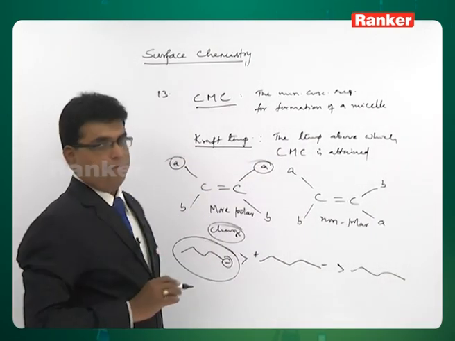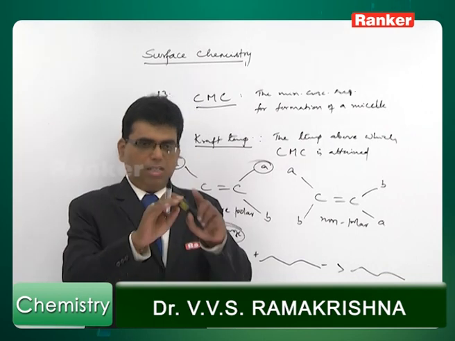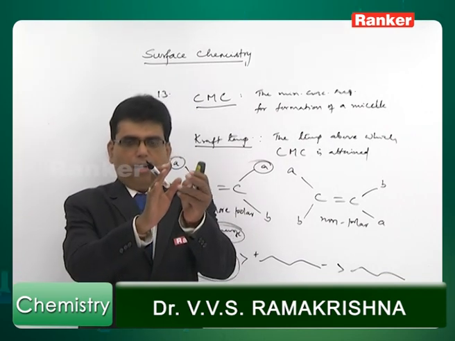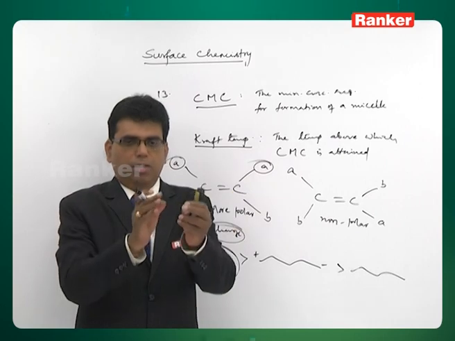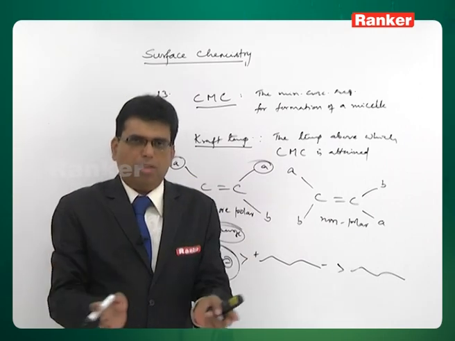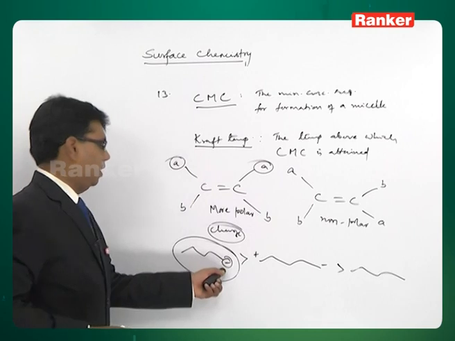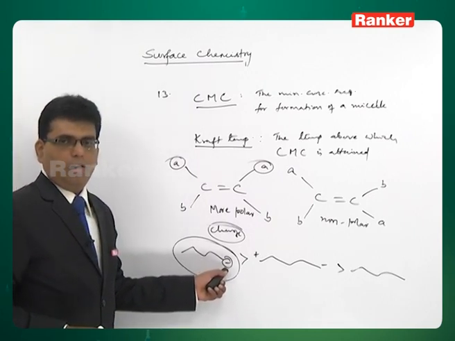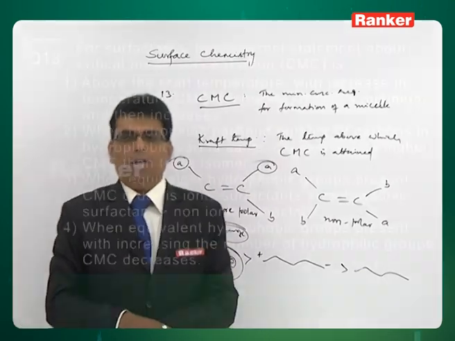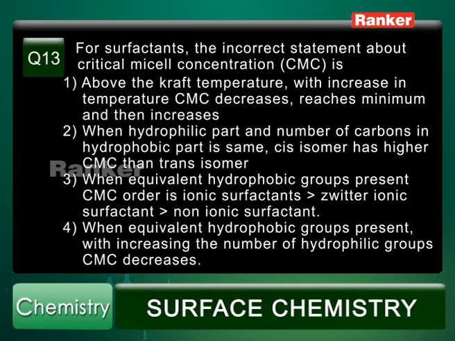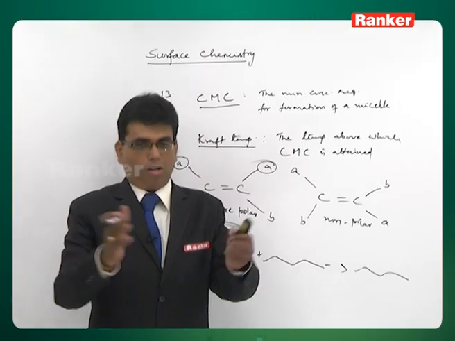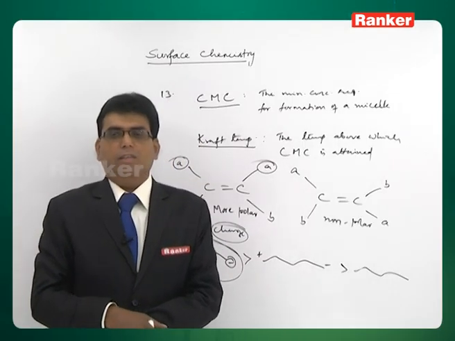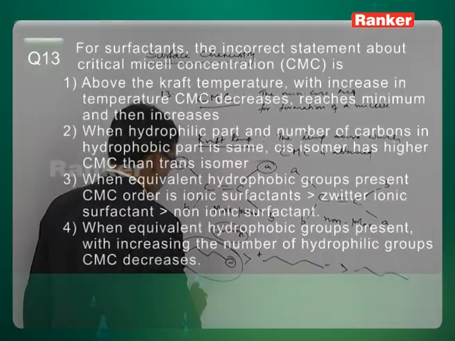Charges are the main reason for micelle to form. Because of the repulsions, they will not attract too much, and because of the repulsions the micelle is formed. So the ionic will have the highest CMC. And when equivalent hydrophobic groups are present, with increase in number of hydrophilic groups, CMC will increase, because an increase in hydrophilic groups increases the total concentration. So here the incorrect statement is option 4.